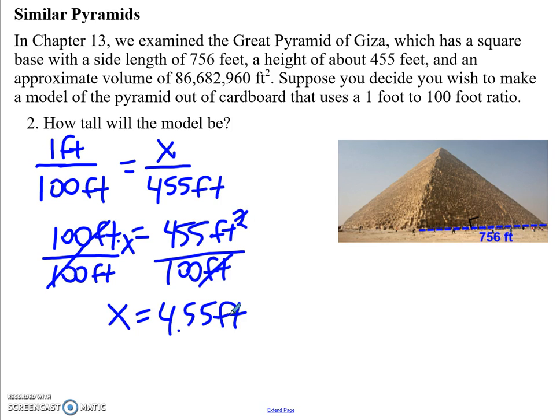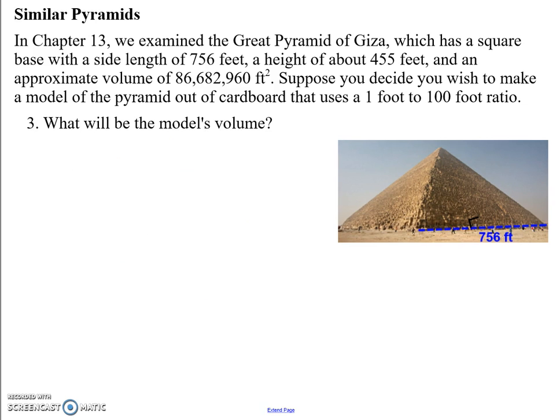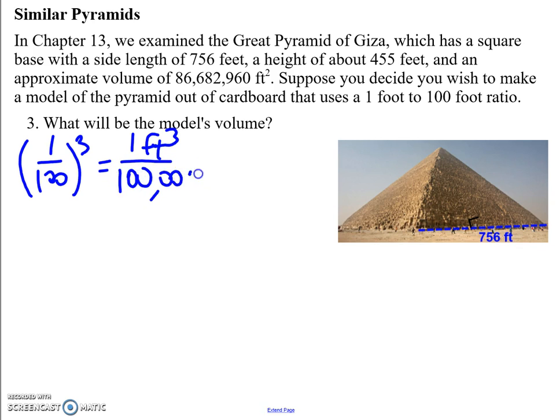And then the question is, well, what's going to be the volume compared to the original? So here I take my scale factor, and I have to remember to cube it. So that is 1 cubic foot for every 100 cubed, is 1 million cubic feet.